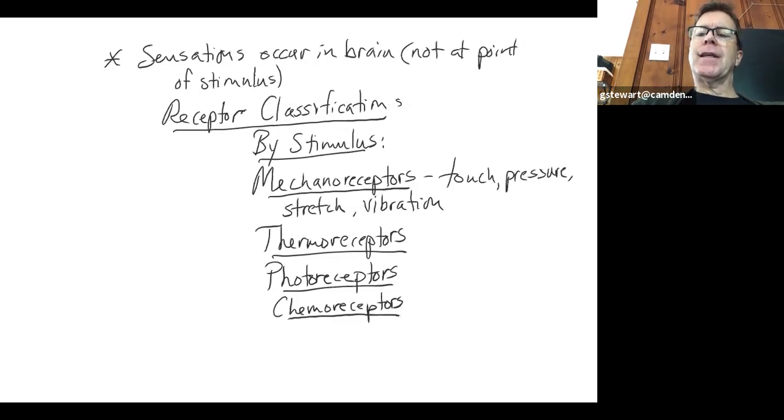These sense changes in chemicals, both in the atmosphere, so things like smell and taste, or change in body fluid chemistry. We have things like oxygen and CO2 receptors in our bloodstream that sense the levels of certain chemicals in our blood. So they're both inside and outside. And finally, nociceptors. These are pain receptors.